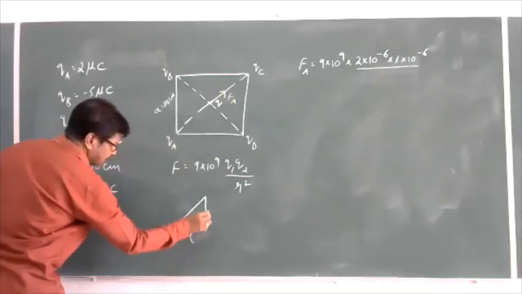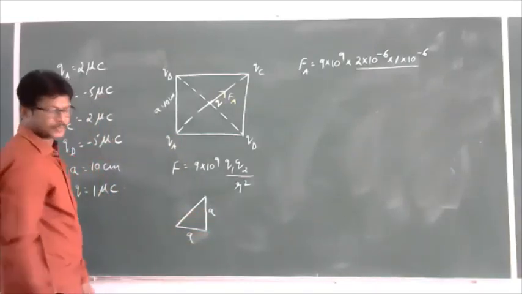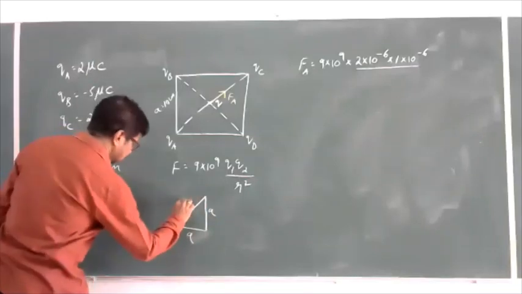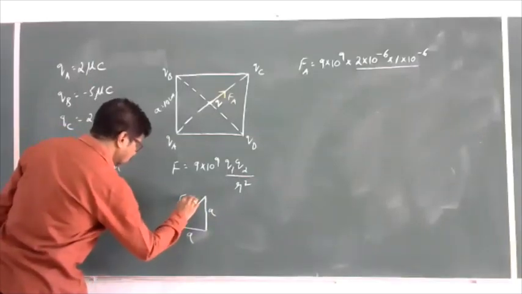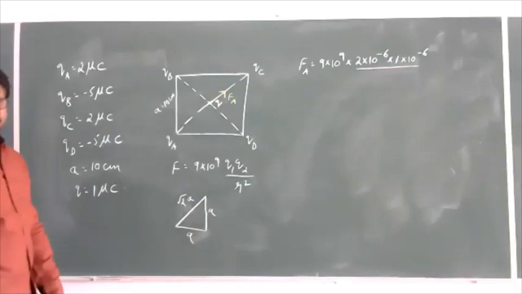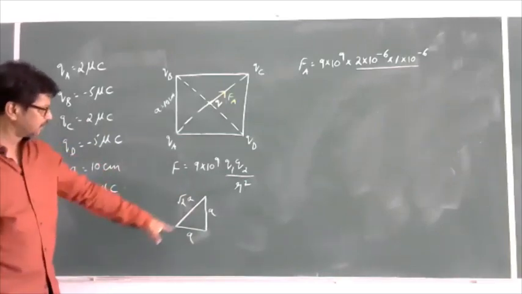This is A and this is A. If you apply the Pythagoras theorem, the length of the diagonal is root 2 A.